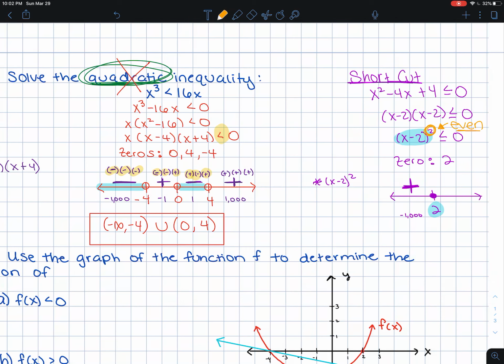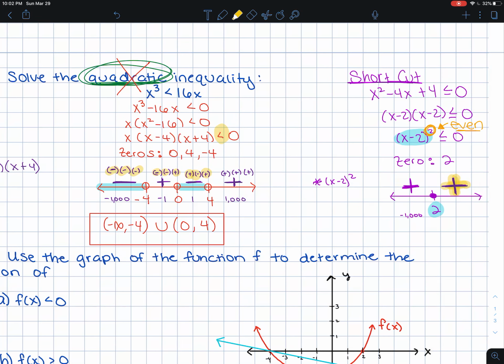If the power is even, then the sign of the next interval stays the same. That means that without doing any calculations, I know that my next interval is positive. So this is where I'm at here. This is my next interval. It's positive because the power is even.